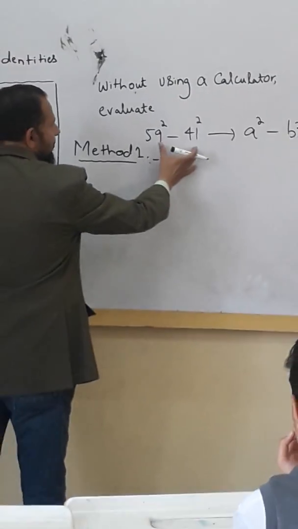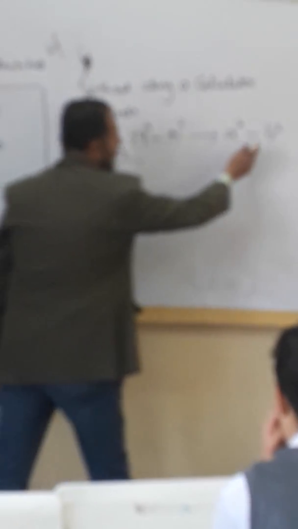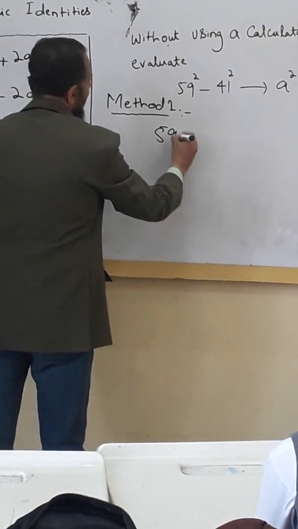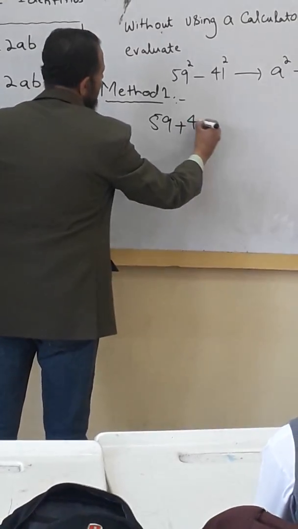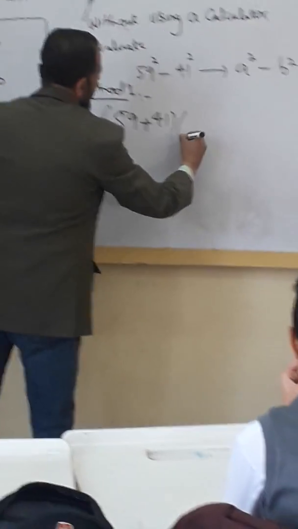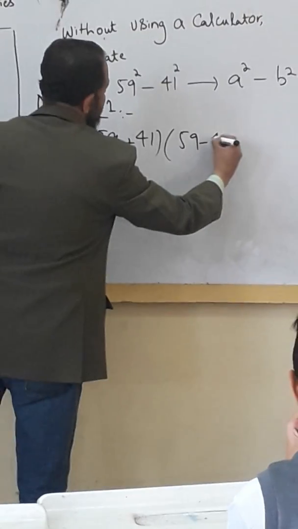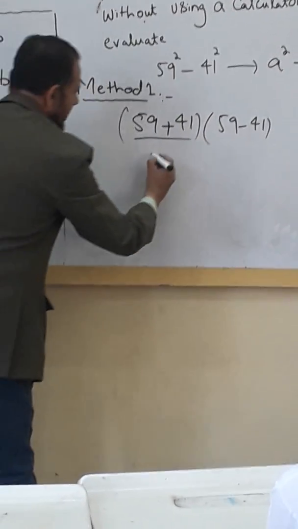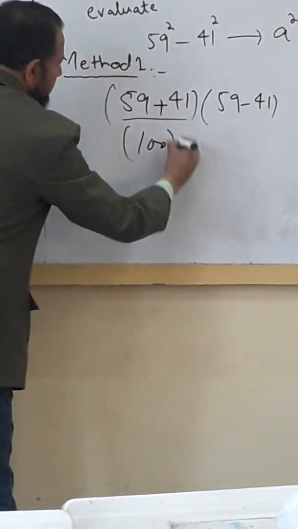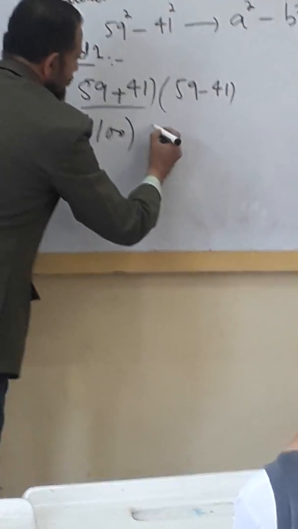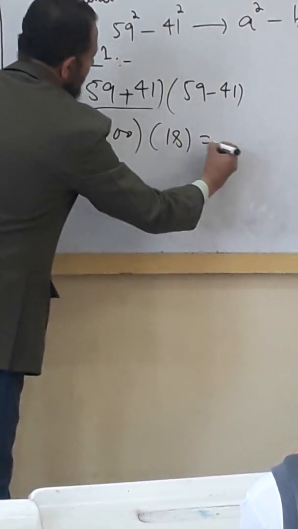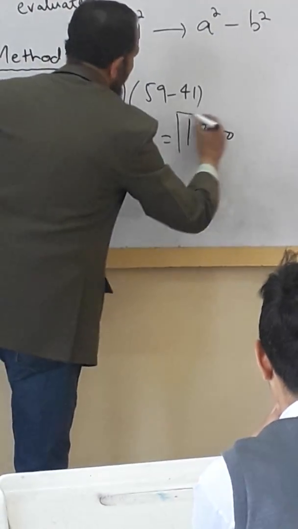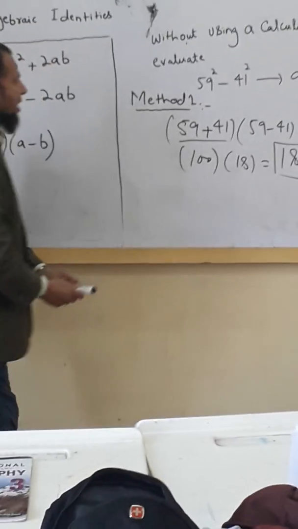If I want to apply the same identity on these numbers, I will simply write 59 plus 41 and 59 minus 41. Once you add these two numbers, you will get 100, and once you subtract, you get 18. So the result is going to be 1800. We have already solved this. Now we have got the solution.